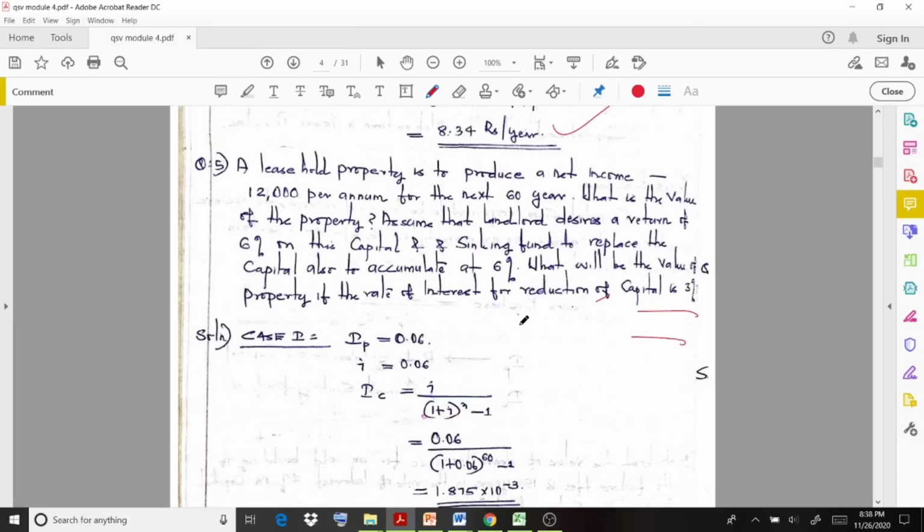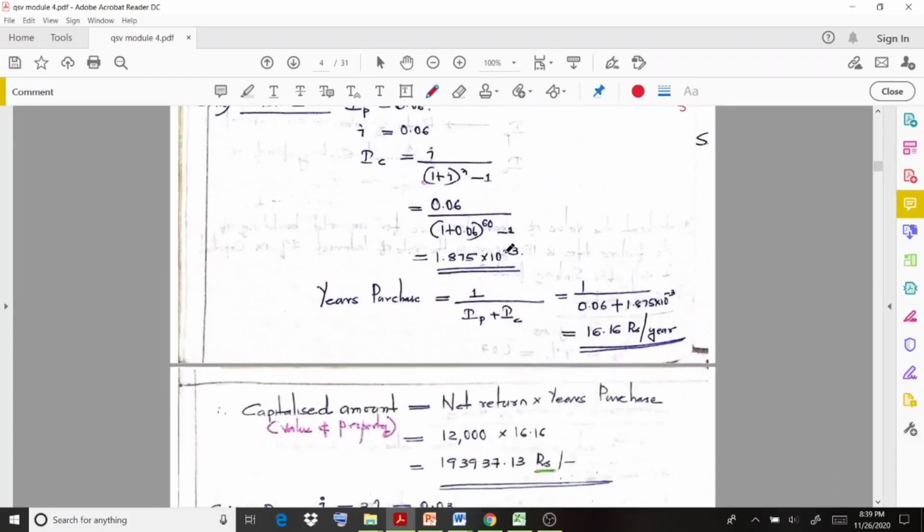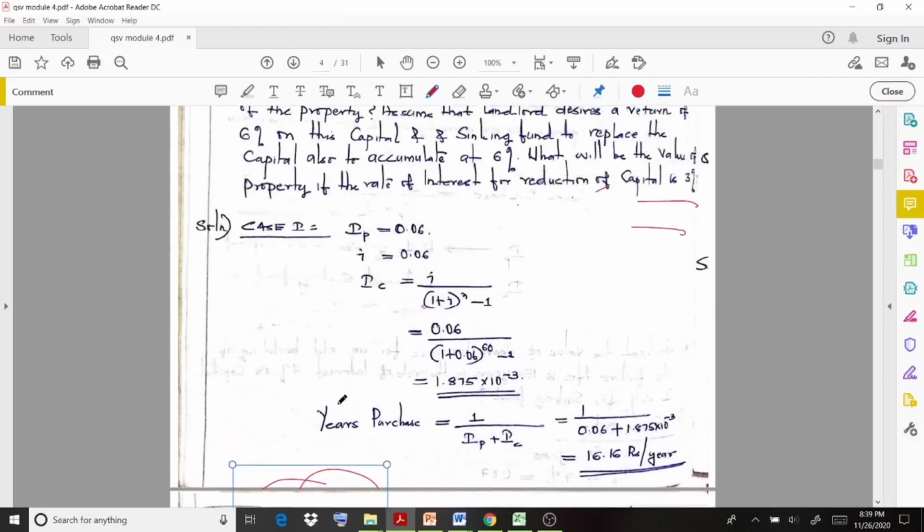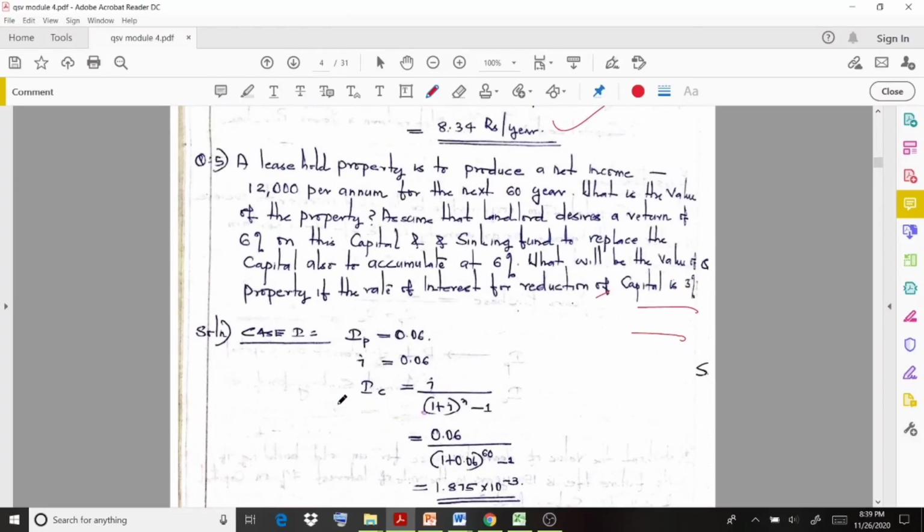So in this question, two cases are actually asked. In the first case, our aim is to calculate the capitalized amount. Here it is given that the amount is 12,000 per annum, which you have to earn for the next 60 years.